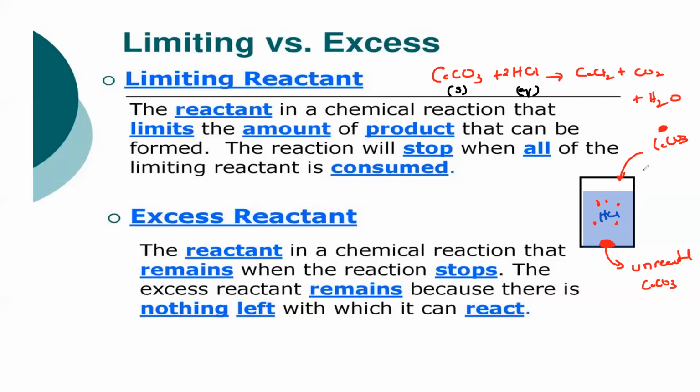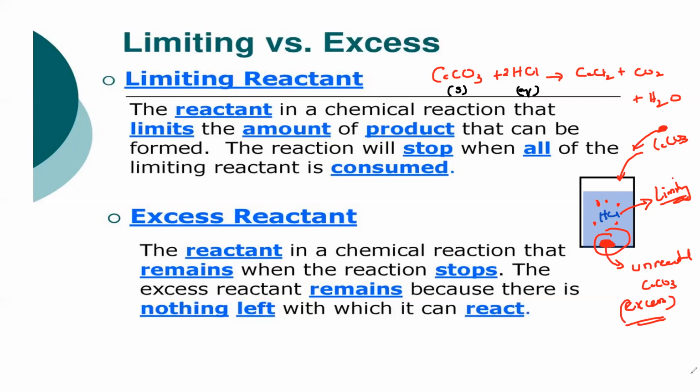As we add too much calcium carbonate, we will say the calcium carbonate is in excess, meaning more than enough, where HCl is the limiting reagent. The limiting reagent is the one which is used up completely, where the excess reagent is the one still left in the mixture when the chemical reaction finishes or ends.